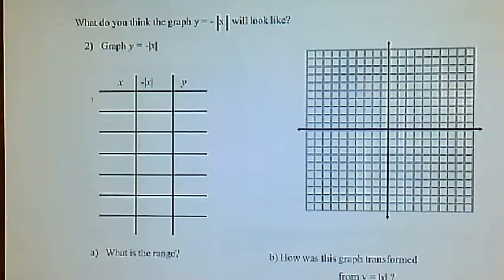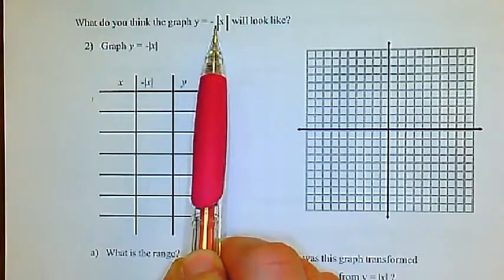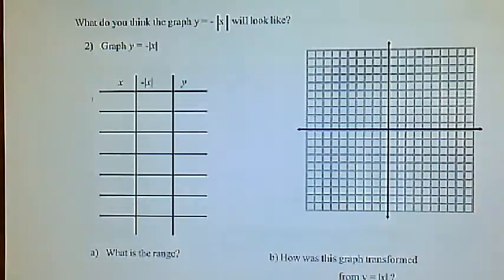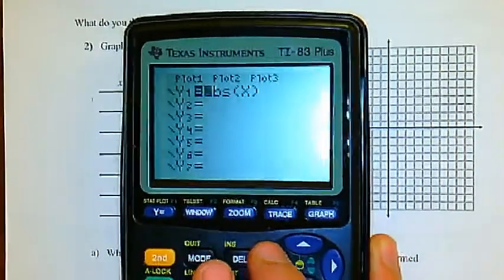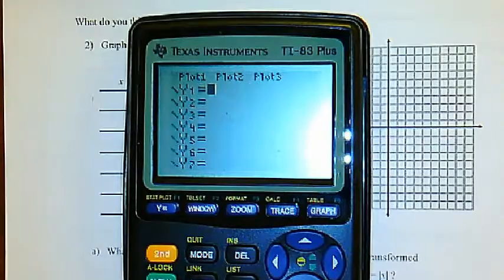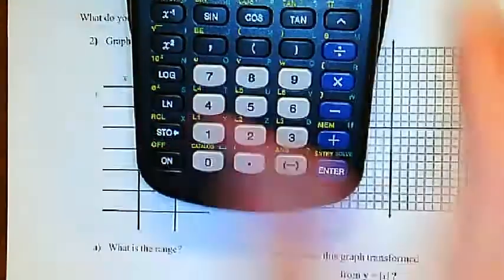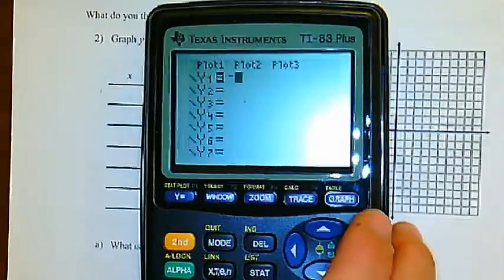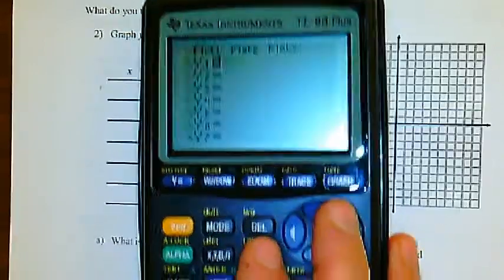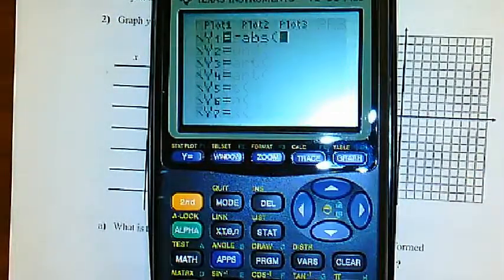So now we're going to negate our absolute value, okay? If you think back to when we did this in our last unit, you should kind of be thinking what could happen. So just to show you, I'm going to hit my negative sign. Make sure you hit your negative, not your minus. Again, math, number, absolute value.